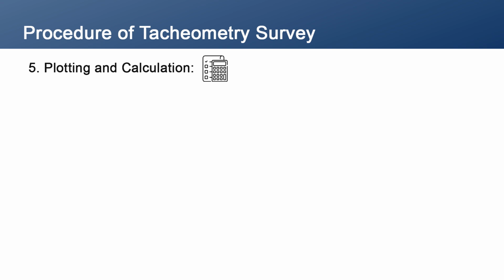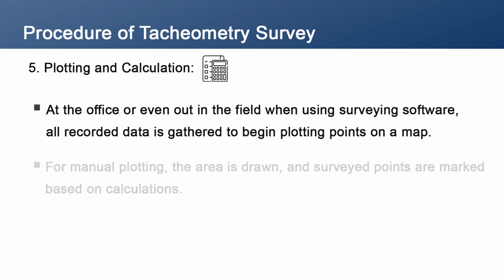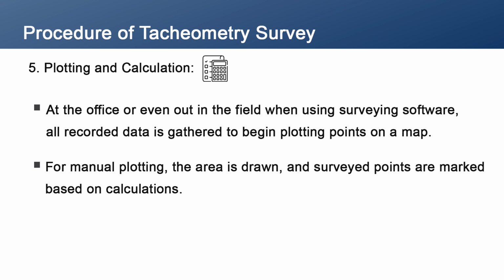So at step 5, we do the plotting and the calculation. Back at the office, or maybe even out in the field if you are using surveying software, we will take all that recorded data and start plotting the points on a map. If you are doing this manually, you will be drawing out the area and marking the surveyed points based on your calculations.